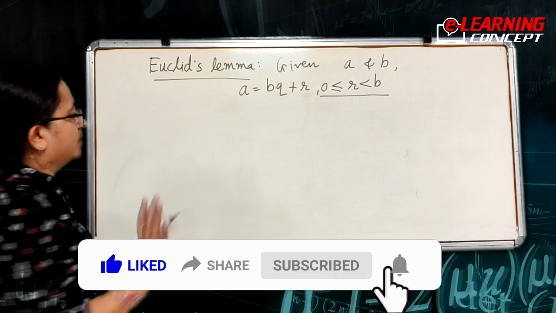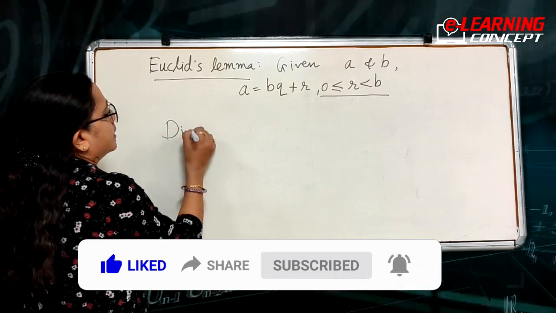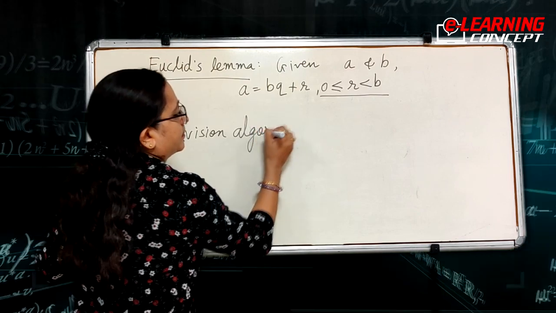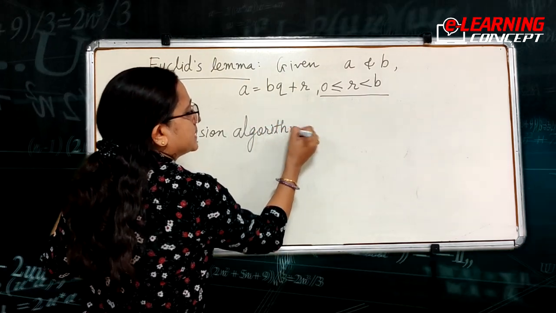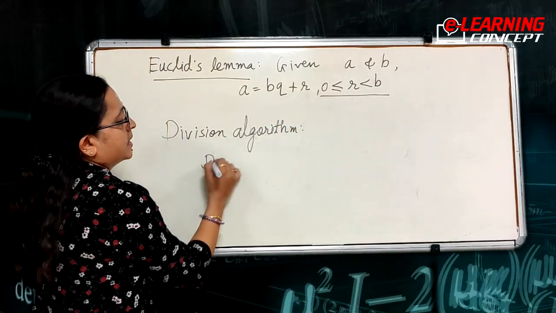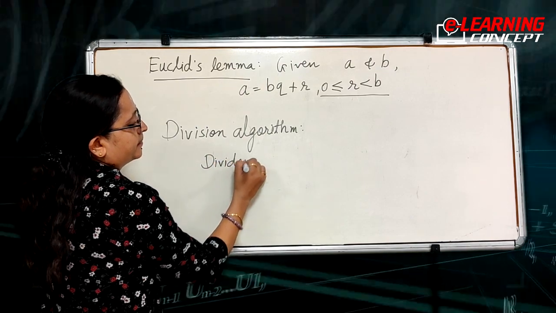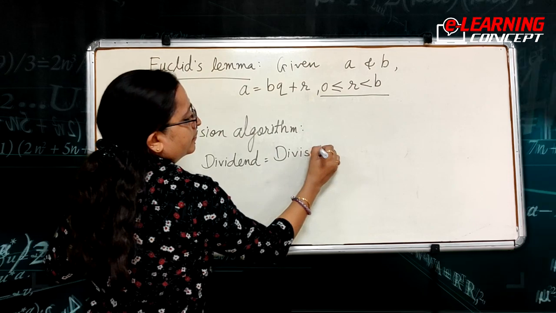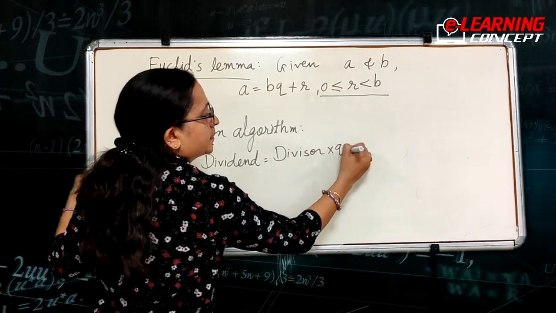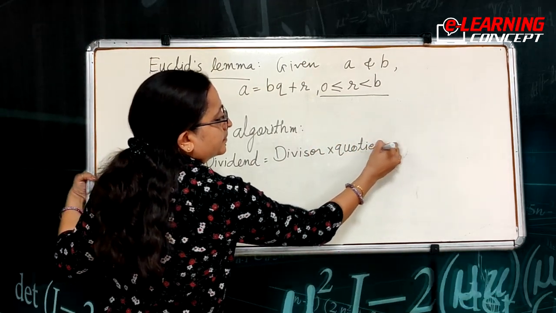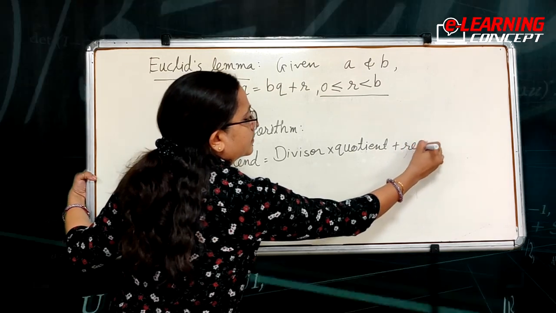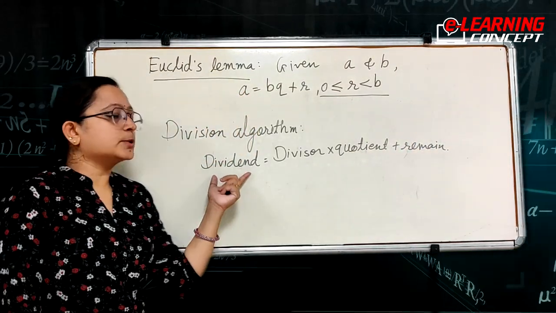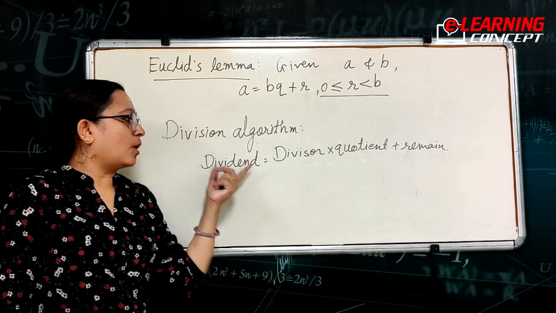Now in simple way, you have already done division algorithm, right? What is division algorithm? That is dividend = divisor × quotient + remainder. The number which is going to be divided is called dividend.